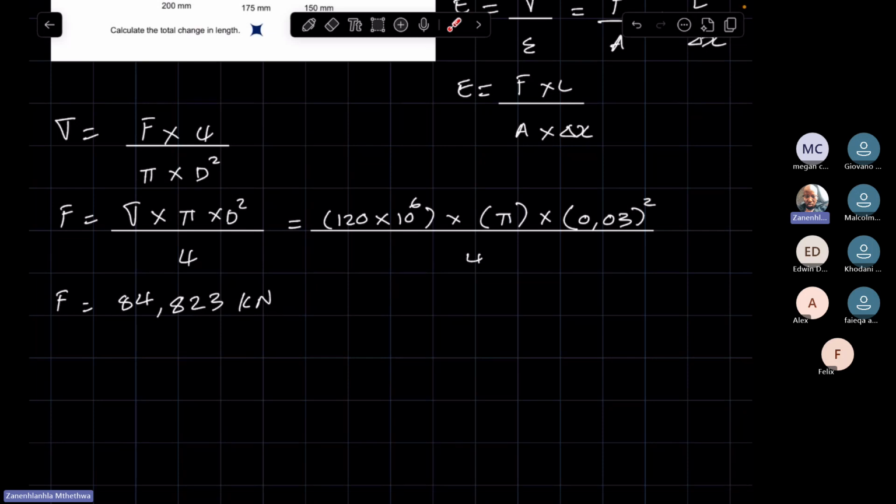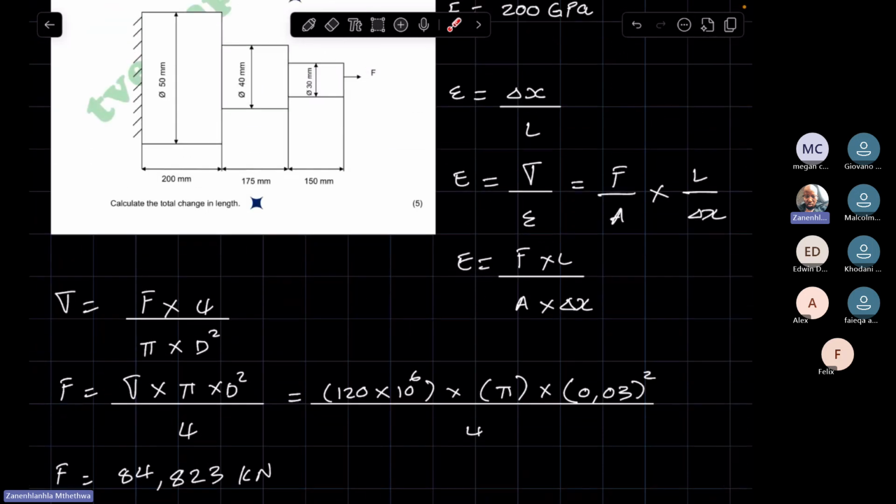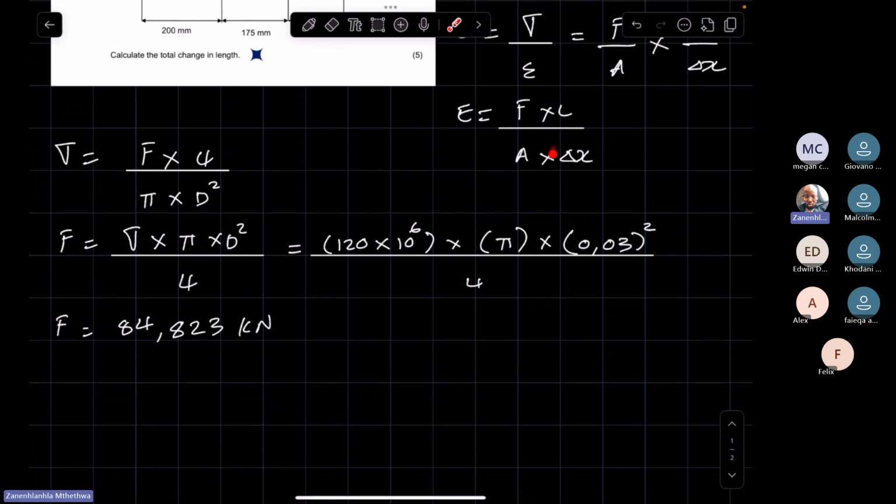Once you have the force being applied, now we'll be able to get the changes in length in each section of the composite material. And that you do by solving for x in this formula.